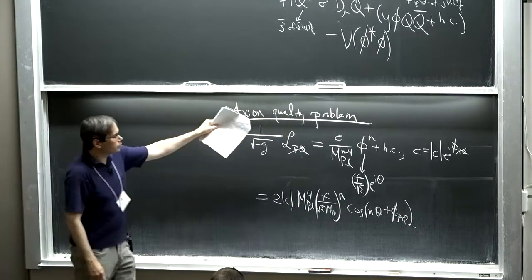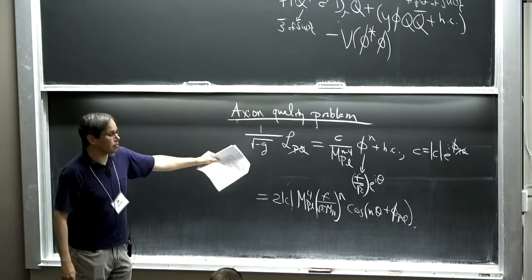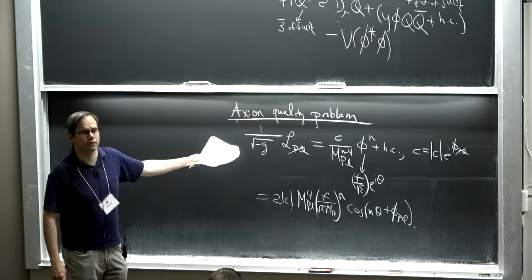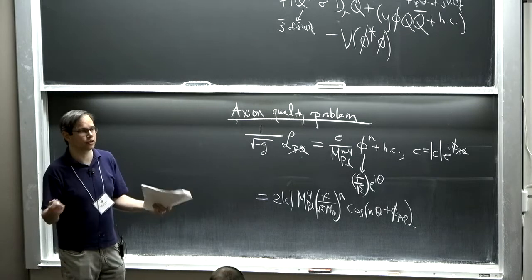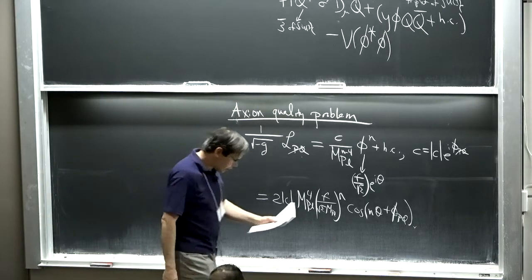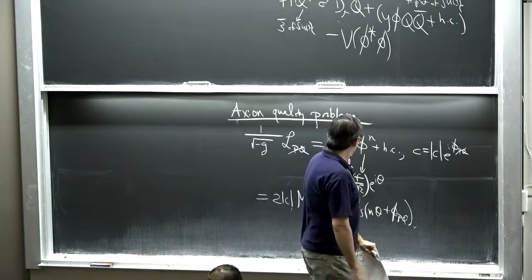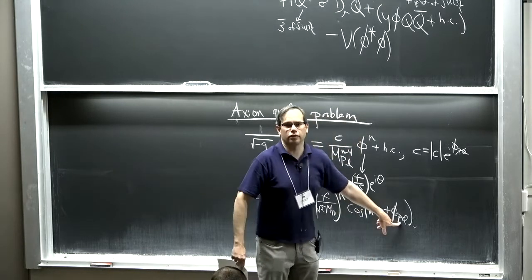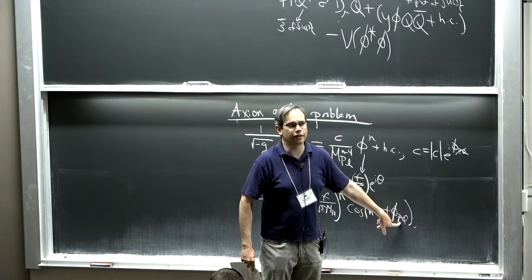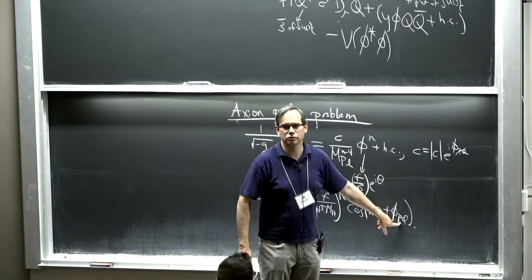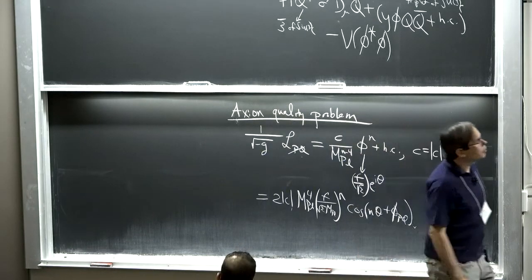So any term that breaks the Peccei-Quinn symmetry is going to give a mass, going to generate a potential for our would-be approximate Goldstone boson. And this potential in general could have a phase here. So its minimum may not be at 0. Okay?